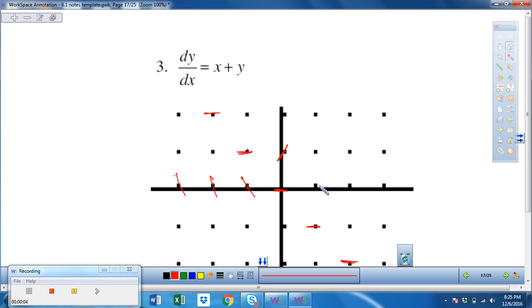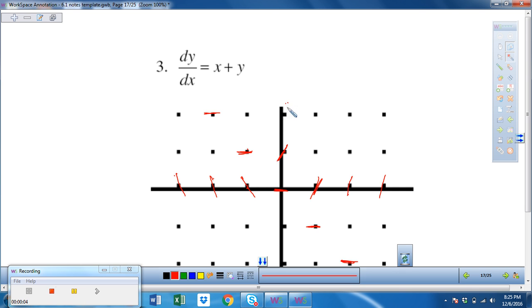Here I'm going to get a slope of 1. And this is a slope of 2. It's a little bit steeper, and a slope of 3, steeper. Okay, here I'm just doing the easy ones, just to kind of give you a feel for what they look like. Here I have y is 2 and x is 0, so I have a slope of 2.